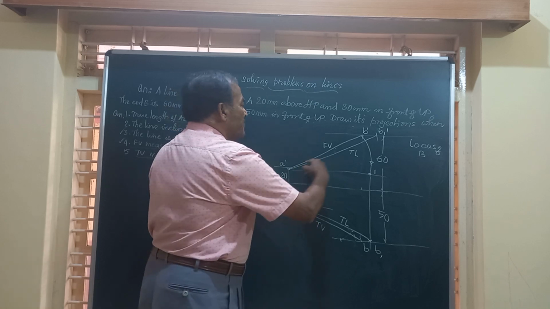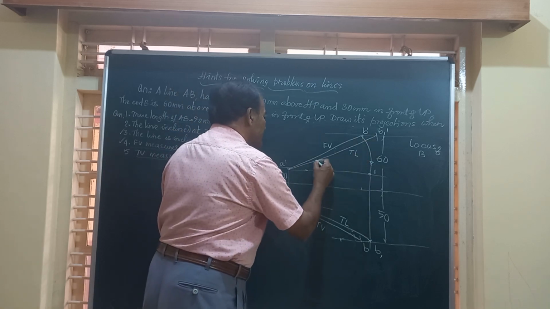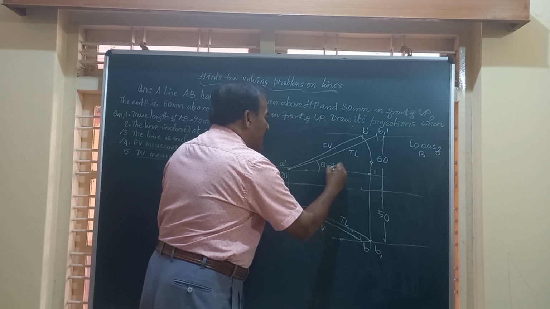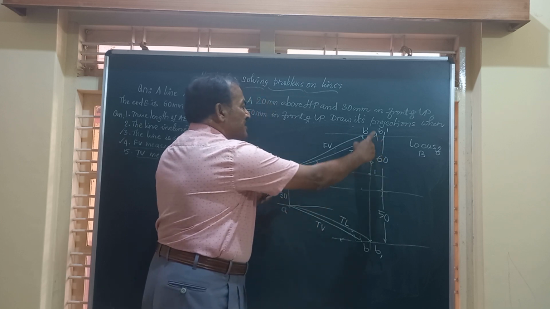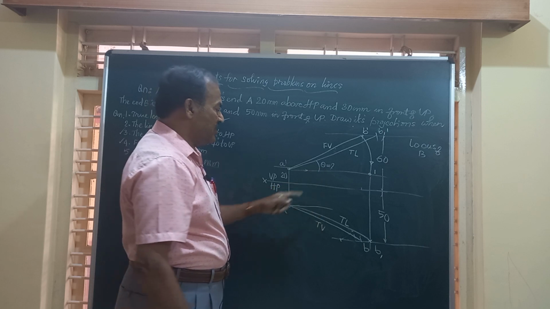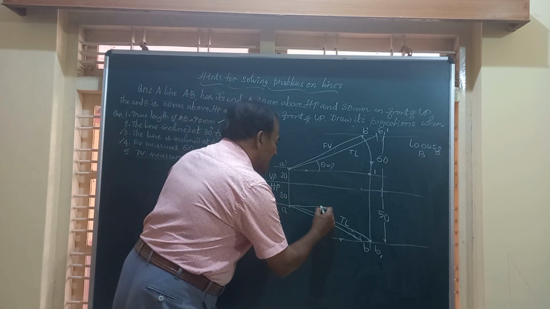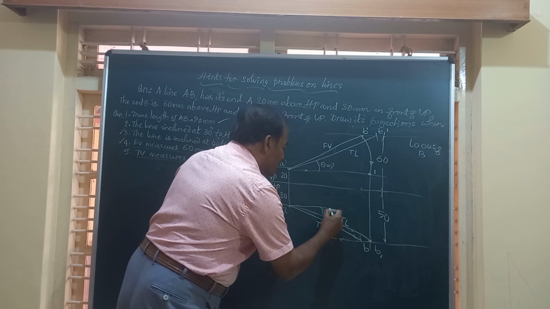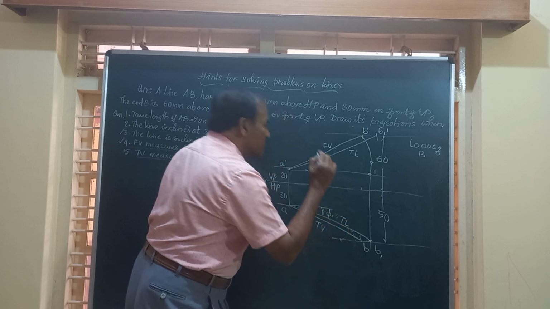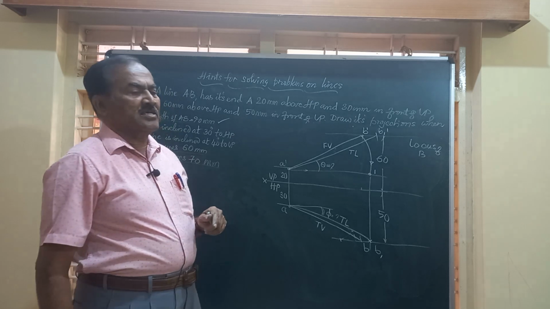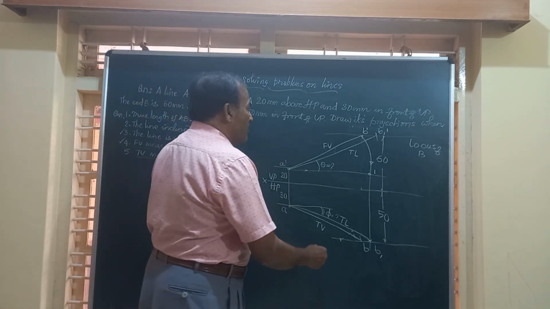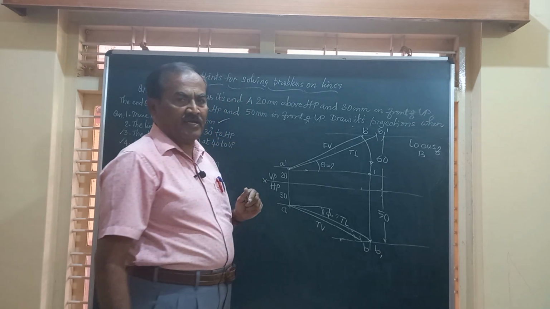Now, after obtaining the true length of the line, you can obtain theta, the angle made by the true length A dash B1 dash with HP, and also the angle made by the line AB1 with VP. You can measure these two, and if required you can also measure the distance between end projectors.